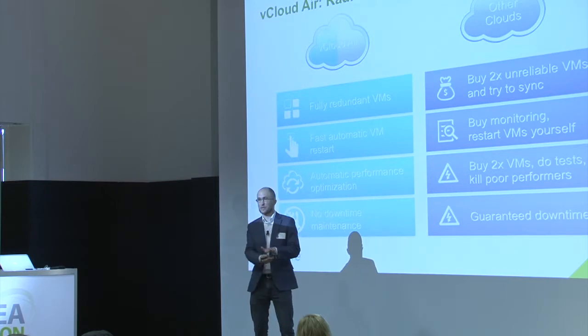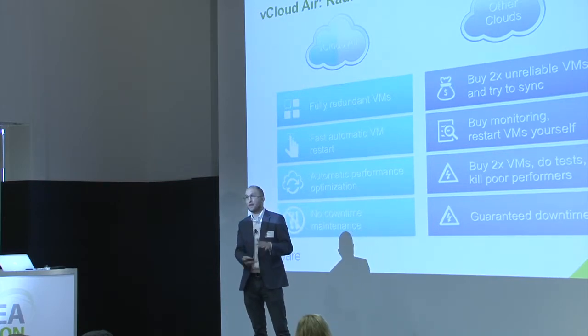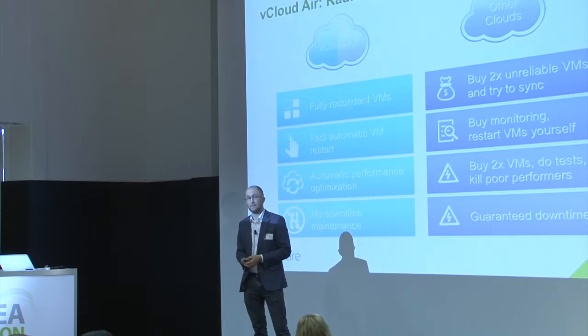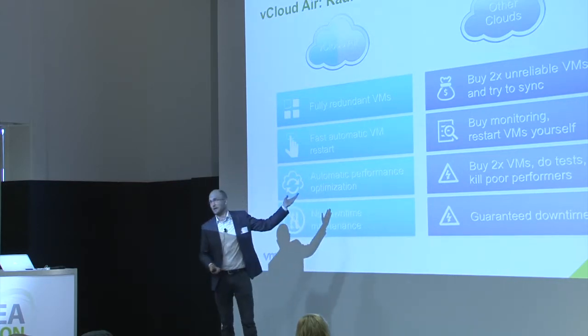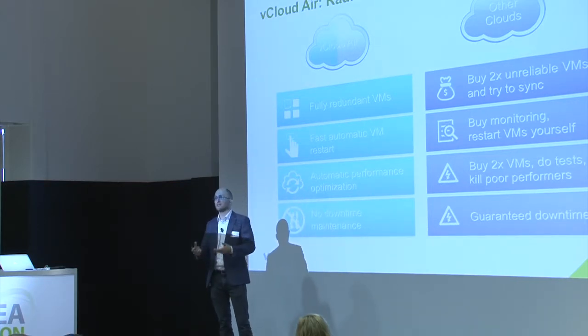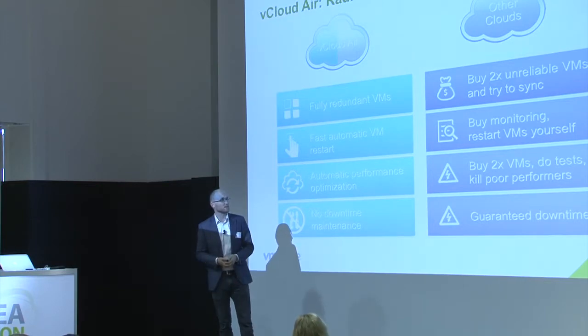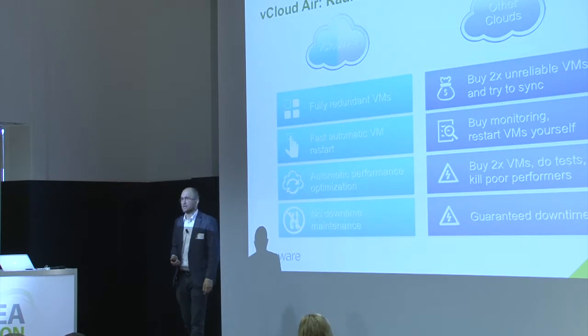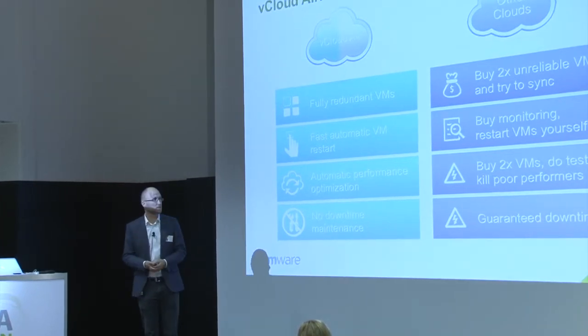So of course you want to be some of the first virtual machines that end up in a pod, so you'll get good performance. But the thing is, you don't know. So you just have to buy a lot of resources, test them out, and throw out the ones that don't work. Now, we don't do that with our platform. We don't sell more than it can actually handle. And we can do maintenance without downtime, just as you do in your own data centers.